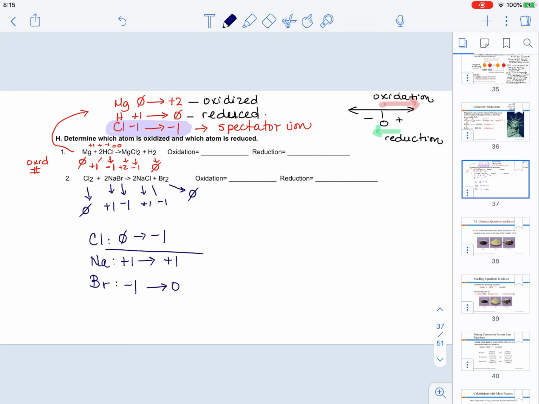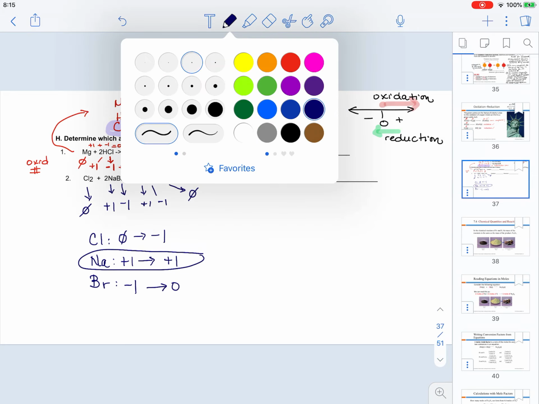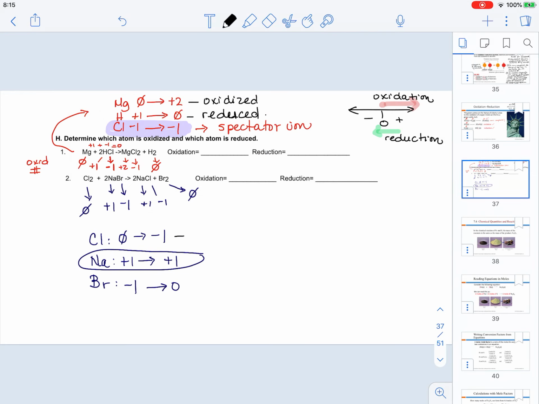So that means that sodium is our spectator ion. And in this case, chlorine, because it went into the negative, got reduced, or was undergoing reduction.